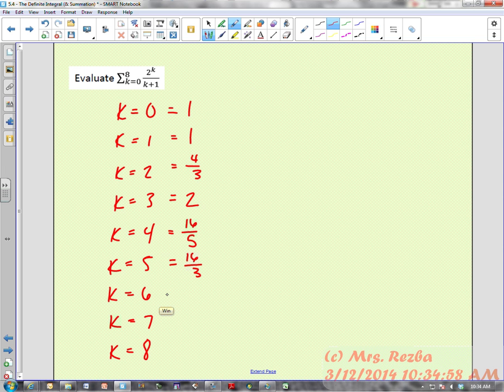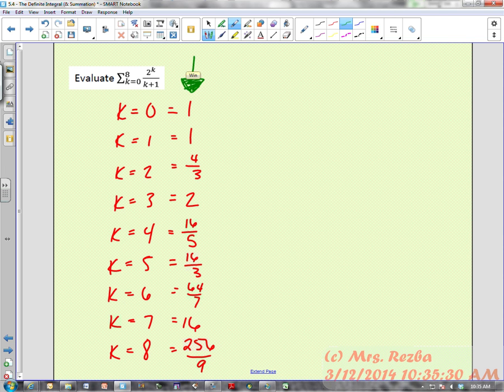So we get 64 divided by 7, which cannot reduce. So we get 64/7. K equals 7, I'm seeing 16. K equals 8, I'm seeing 28.4 repeating, so 28 4/9. 28 4/9 is 28 times 9 plus 4 is 256 ninths.